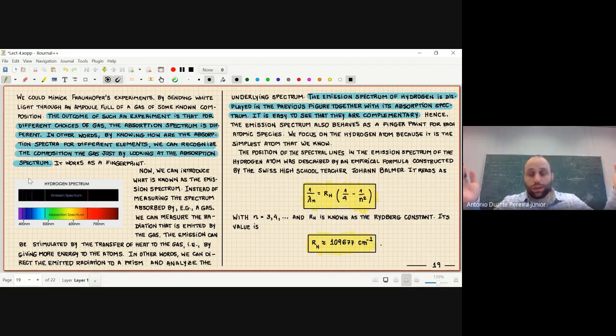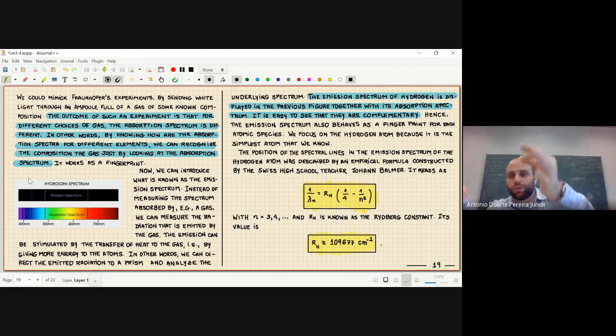So if I do that once, I can take note of the colors that hydrogen emitted. And if someone else, several years later, decided to heat up hydrogen, this person will see exactly the same emission spectrum that you saw before.